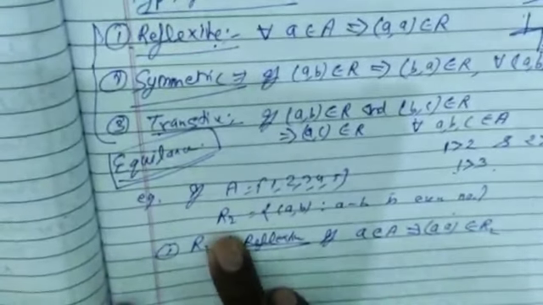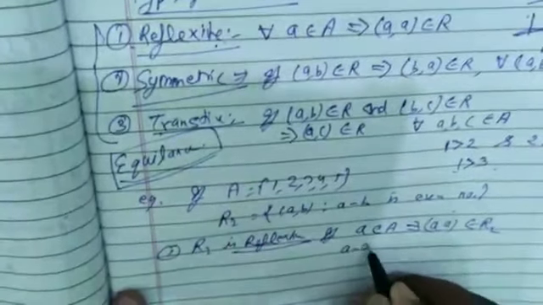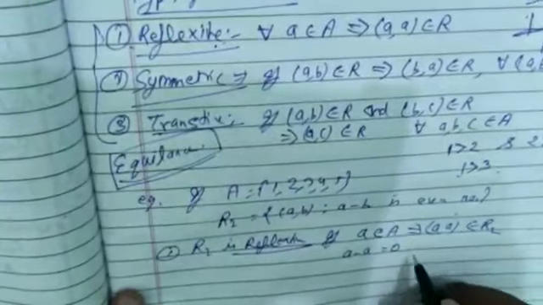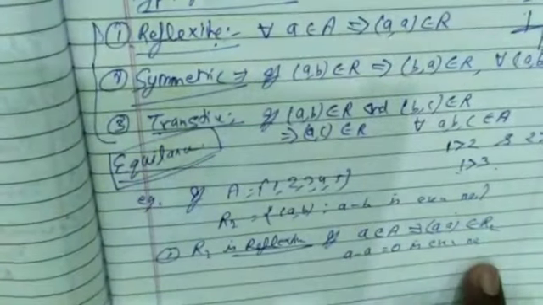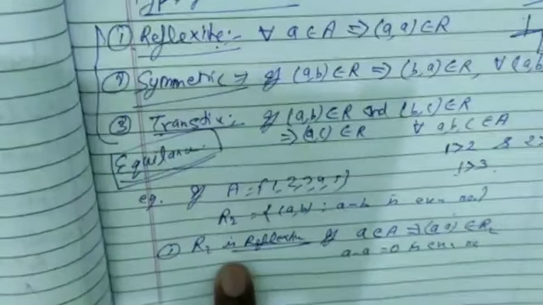In this example, a minus a is equal to 0 and 0 is an even number. So then R2 is a reflexive relation.